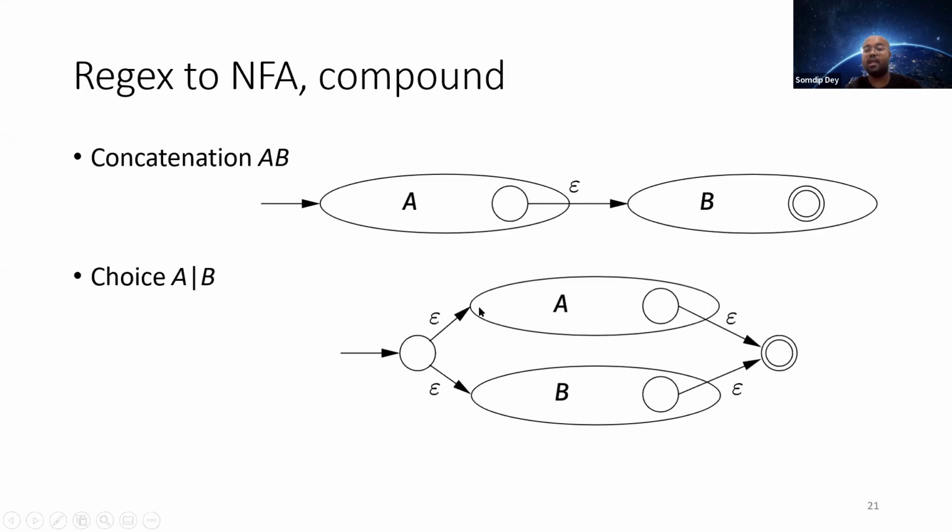The NFA then has two epsilon moves, because it can either move to A or move to B. That's why we have created the epsilon move to A, or it can be for B. And this state can reach the accept state, again having epsilon moves as well. So this is another simplistic example of an NFA for the regular expression A or B.